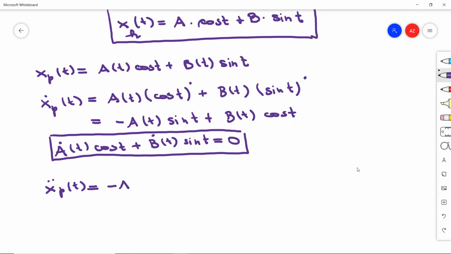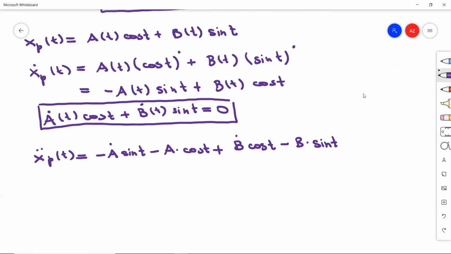So it's minus a prime, and I won't write t again to shorten the notation, sine t, minus a times cosine, since the derivative of sine is cosine, plus the derivative of b times cosine, minus b times the derivative of cosine, which is sine, minus sine. That's why I wrote minus here.